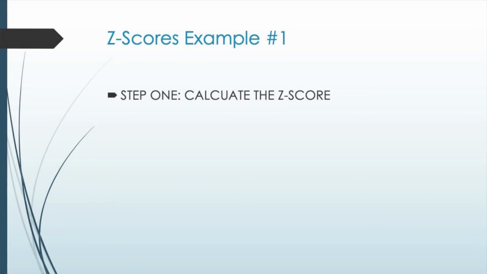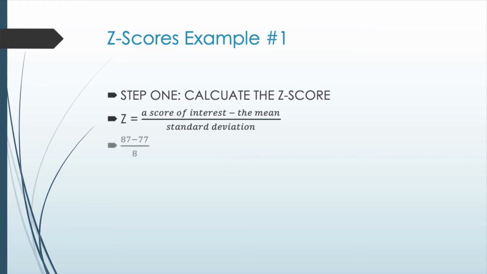So the first step, we have to calculate the z-score. We know, as we just learned a few slides ago, the z-score is calculated by the score of interest minus the mean divided by the standard deviation. And all of that information was provided to us in the previous example. So we know that Rogue scored an 87. That is our score of interest.